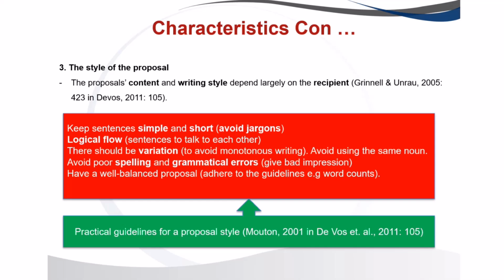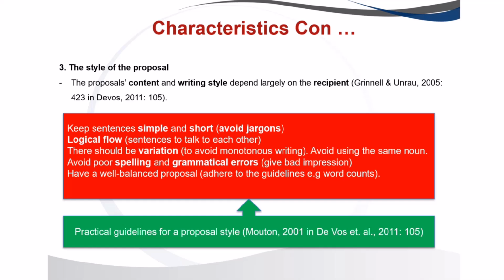The other important point is the style of the proposal. The proposal's content and writing style depend largely on the recipient. That's very important. When you write your dissertation, normally the output you get for your master's is called a dissertation, and the one you get for your PhD is called a thesis.